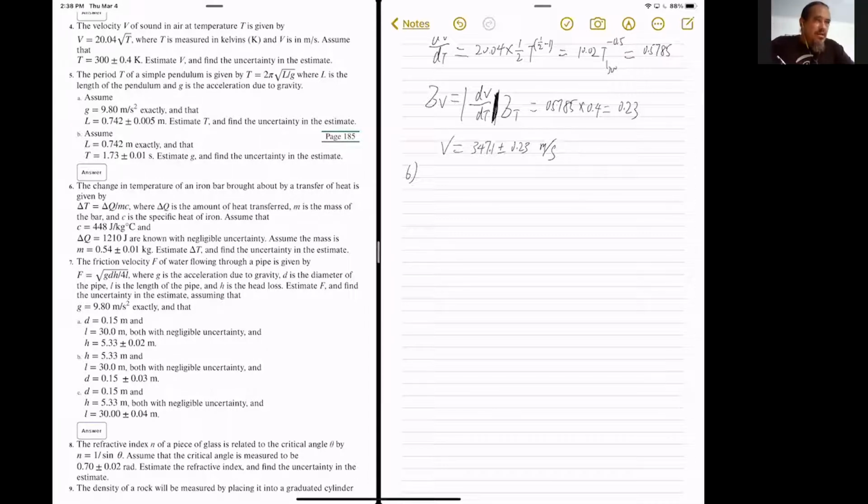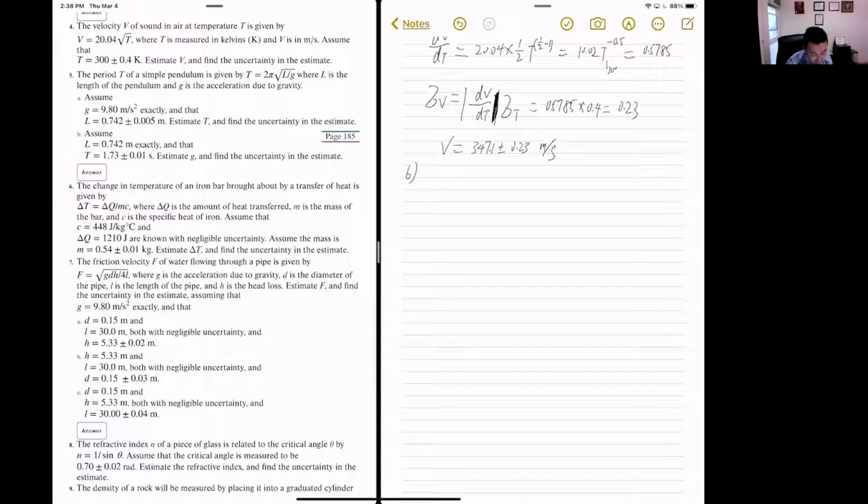So delta Q is 1210 joules, known with negligible uncertainty. So that's good, delta Q has no uncertainty. The mass has uncertainty: 0.54 plus minus 0.01. So the uncertainty for the mass is 0.01 kilogram.